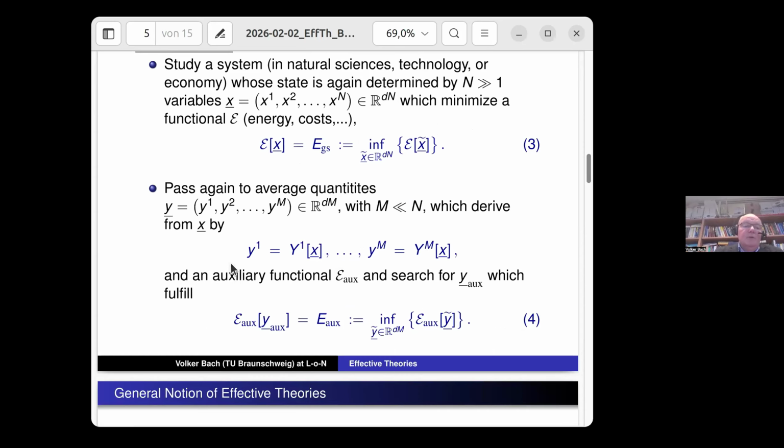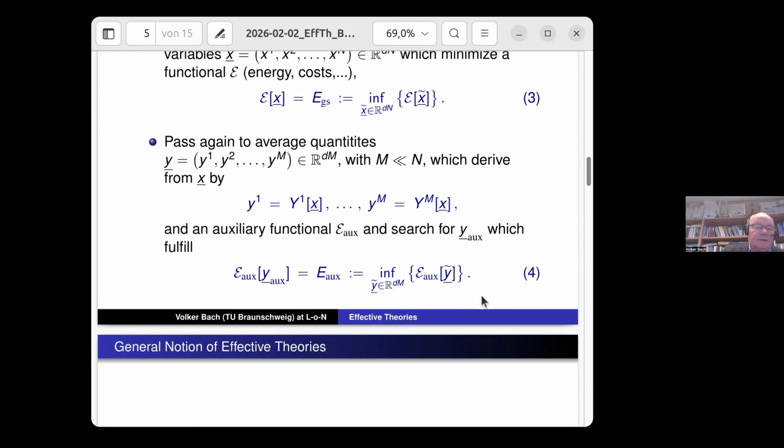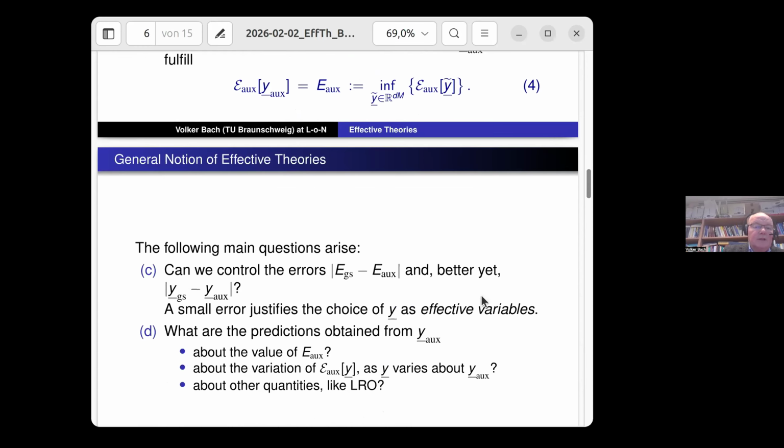And then we also design an auxiliary functional E_aux, which again serves us to formulate a variational problem. So we have an auxiliary energy, E auxiliary, which is the infimum of all values of the auxiliary functional on the variables y. And the minimizer is then what we think the correct value of y is. So again, we have main questions that arise here.